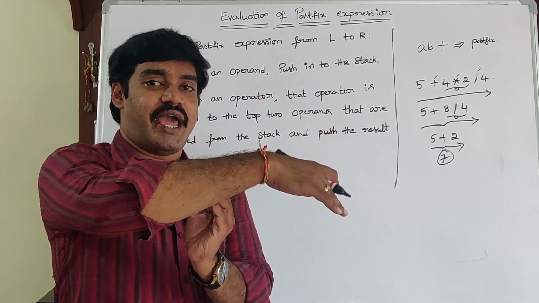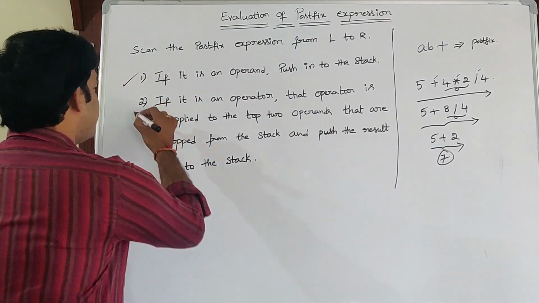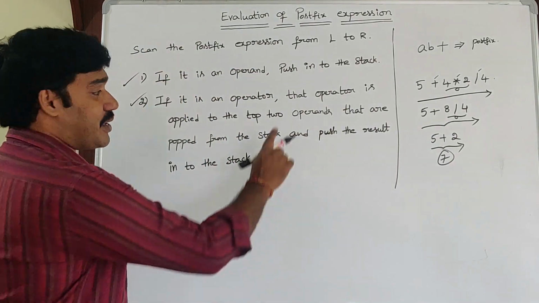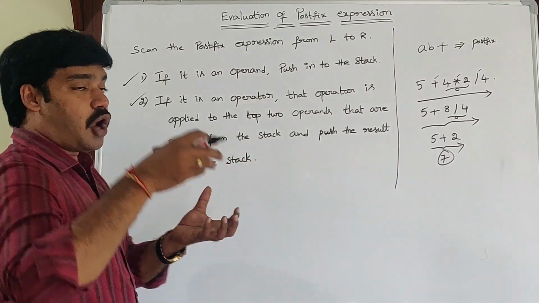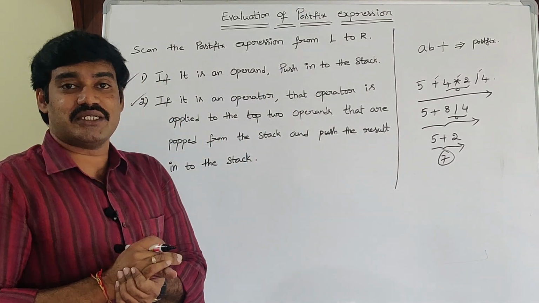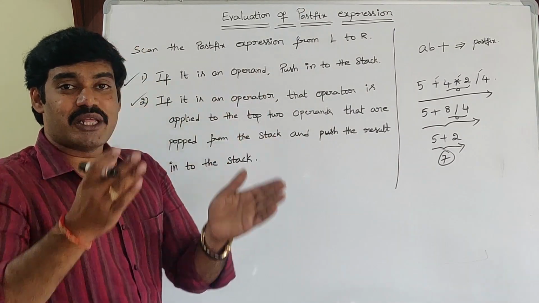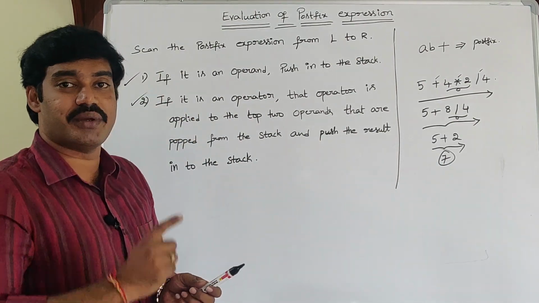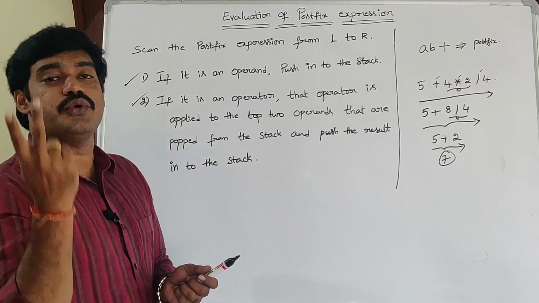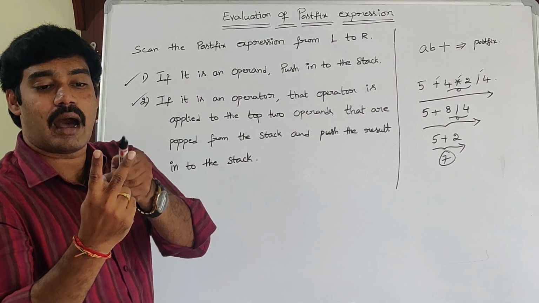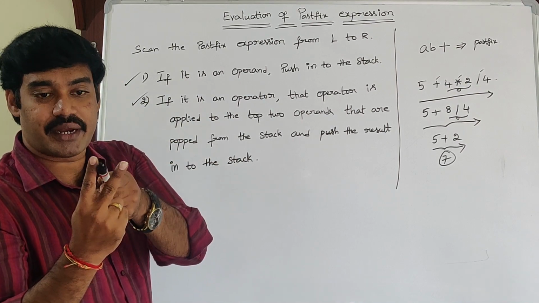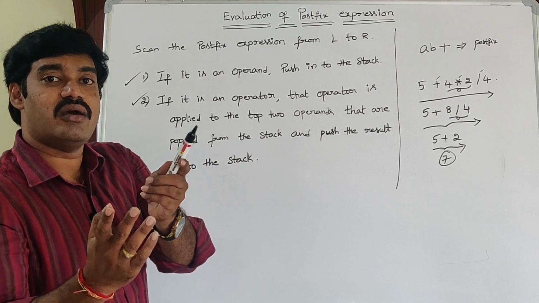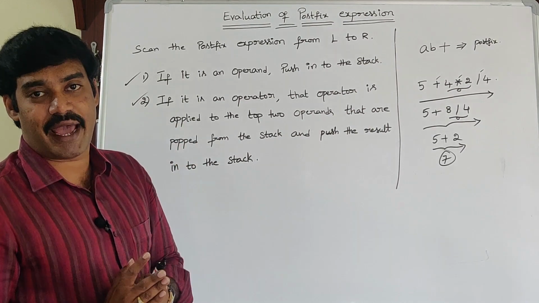Second point: if it is an operator, that operator is applied to the top 2 operands that are popped from the stack. What is the principle of stack? Last in, first out. Last inserted element is to be deleted first. So pop 2 elements from the stack and apply this operator on those 2 operands. Then push the result into the stack.